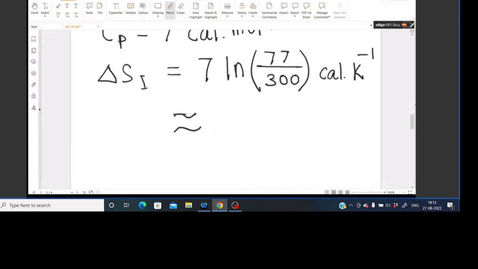After calculating, we get the change of entropy in process 1 as minus 9.52 calorie Kelvin inverse. It is interesting to note here that the entropy decreases in this process.